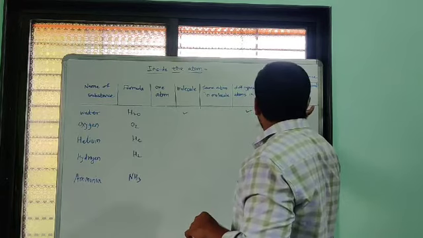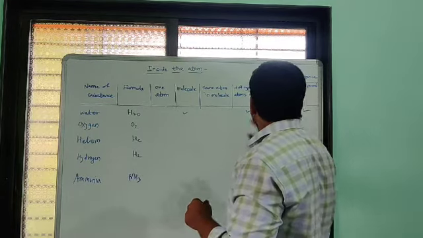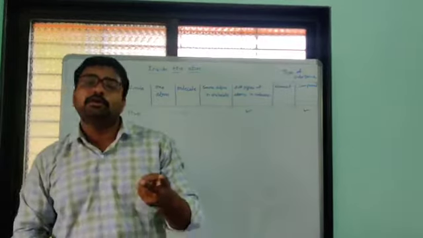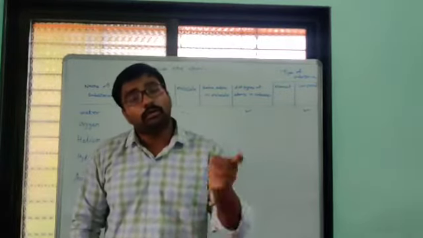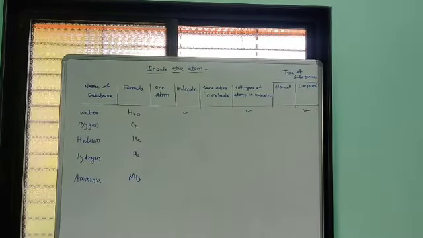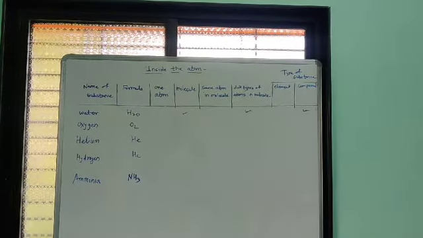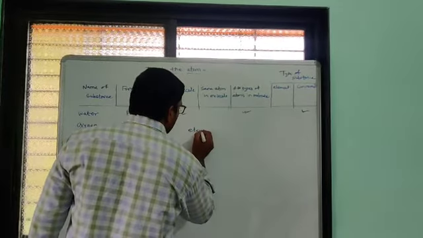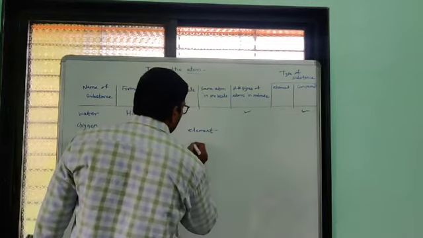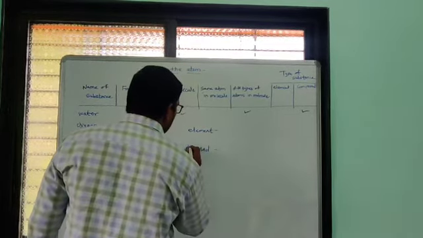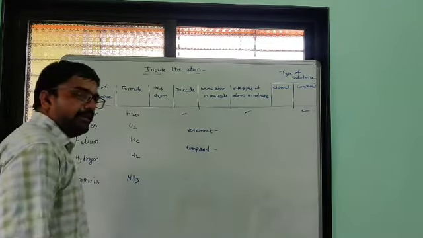Next, according to that, these substances are divided into two parts: element and compound. First of all, we have to know about element and compound. So first, what is an element?